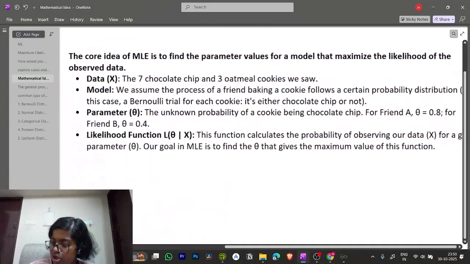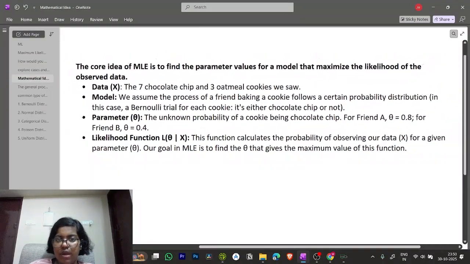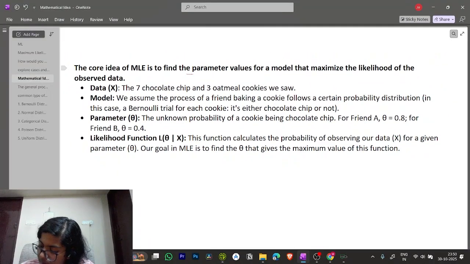Now, the core idea of MLE is to find the parameter value for a model that maximizes the likelihood of the observed data. What are the parameter values of a model?